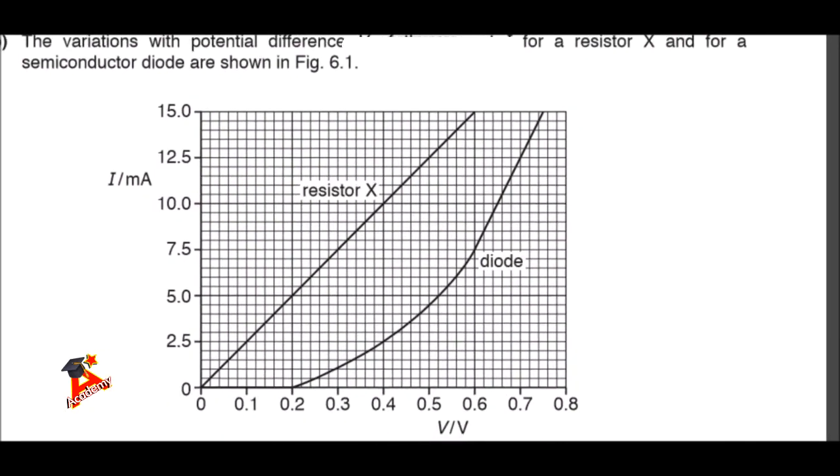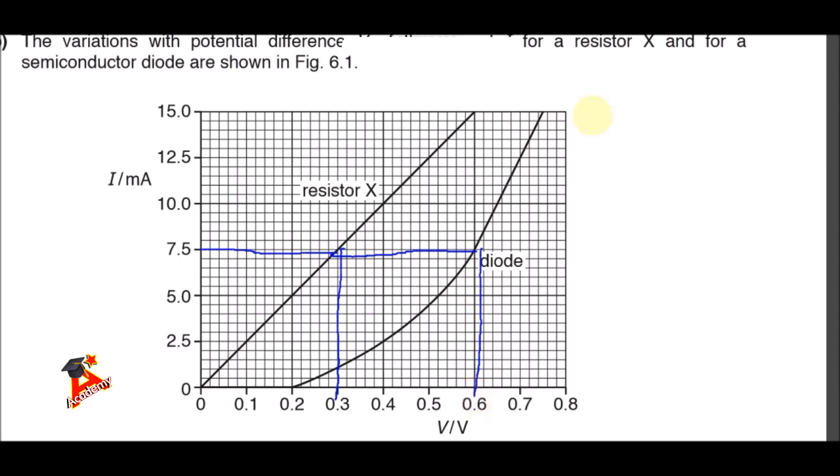Alright, so we have the resistor and the diode connected in series, and there is a current of 7.5 milliamps through the resistor, which means this is the voltage across the resistor, and also that is the voltage across the diode.